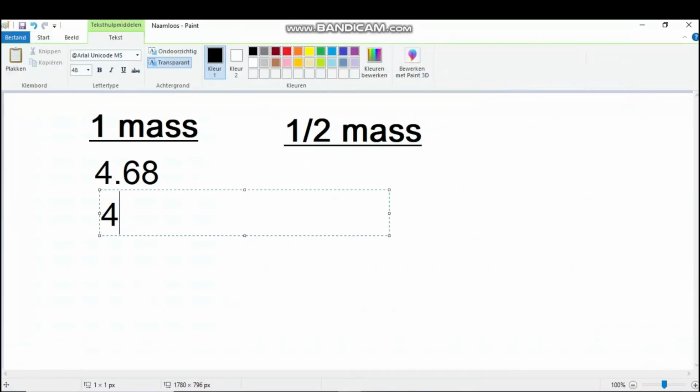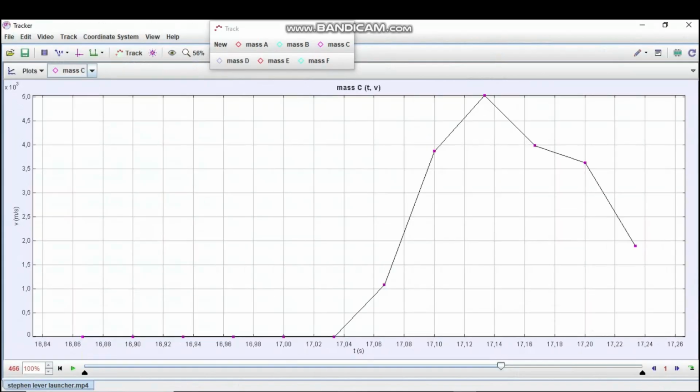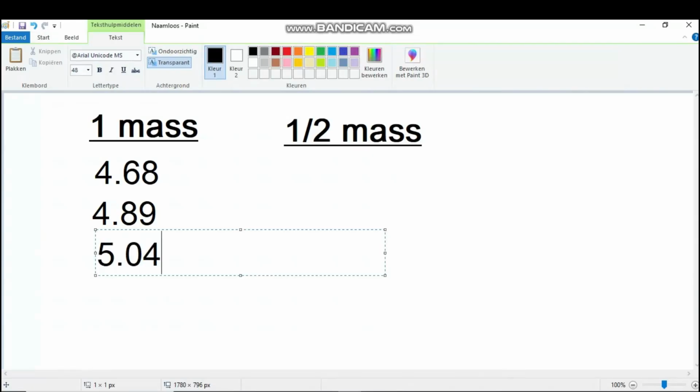Then the third trial has a maximum velocity of, what's that? A 5.04. Okay.